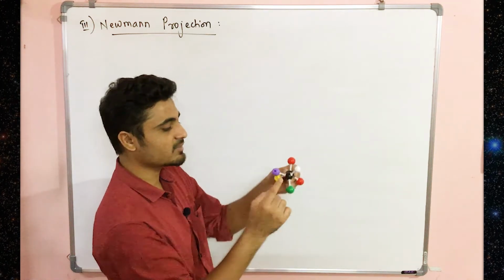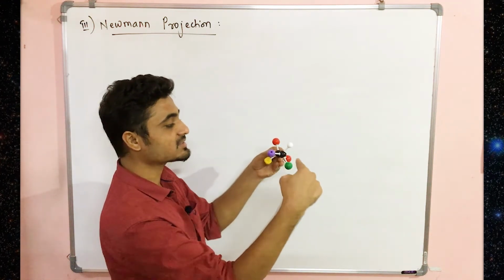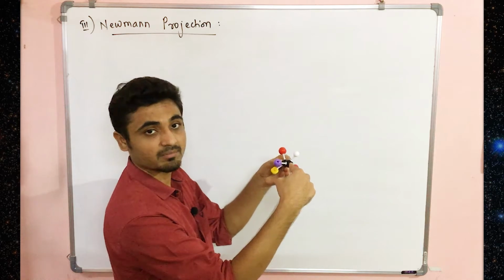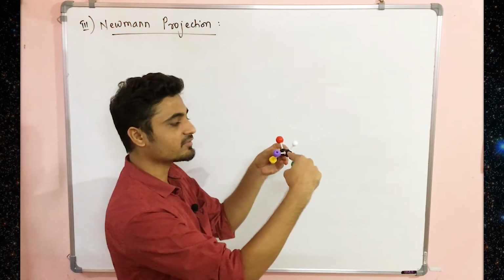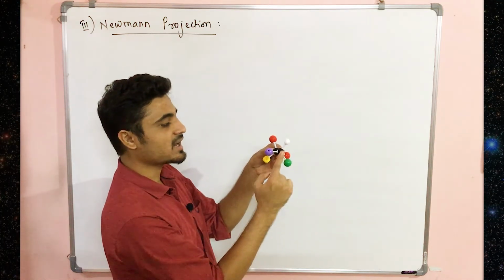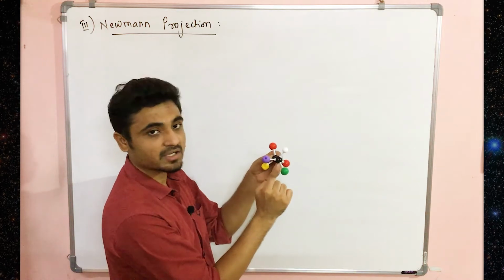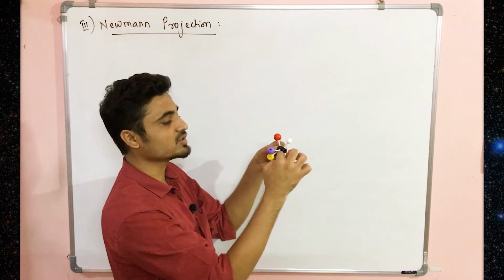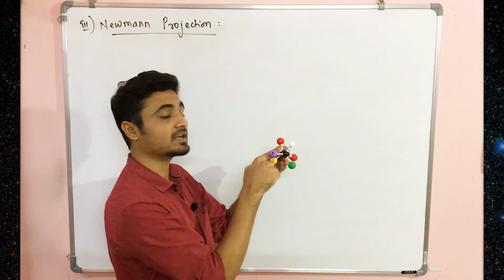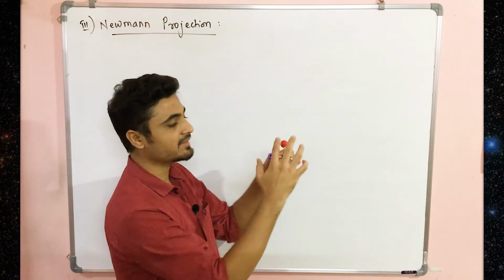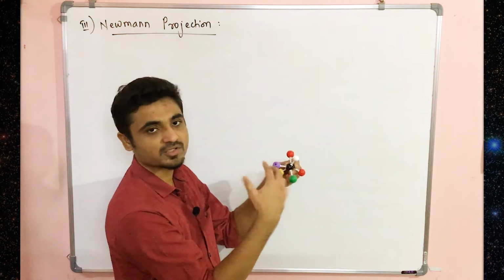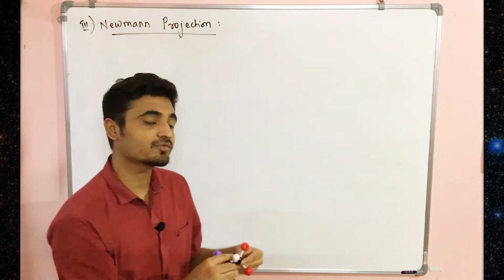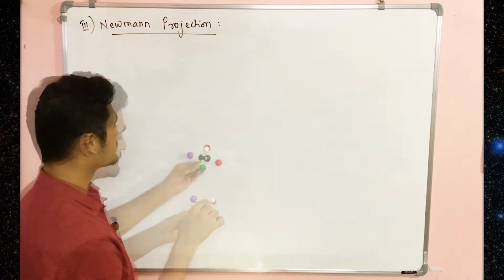Here this is the bond, so I want to look right in front of this carbon-carbon bond, and if you look just in front, you will notice that this carbon and this carbon are right behind one another. So if you look from here, you are going to see only one carbon atom and the other one will be behind it, and thus the other 6 groups you can see. Let me show you how it will look if we project.